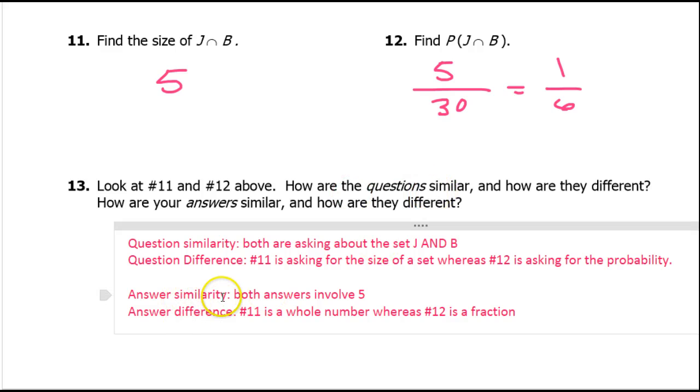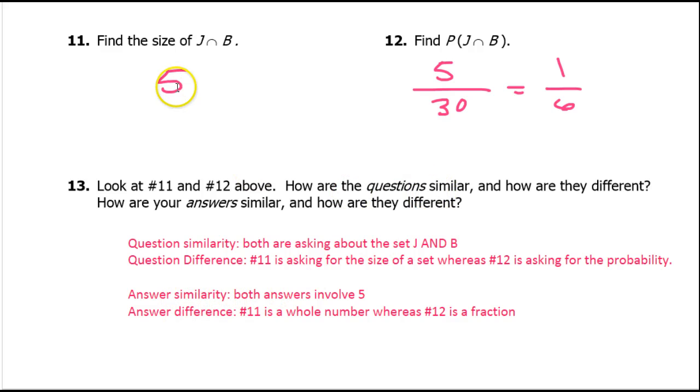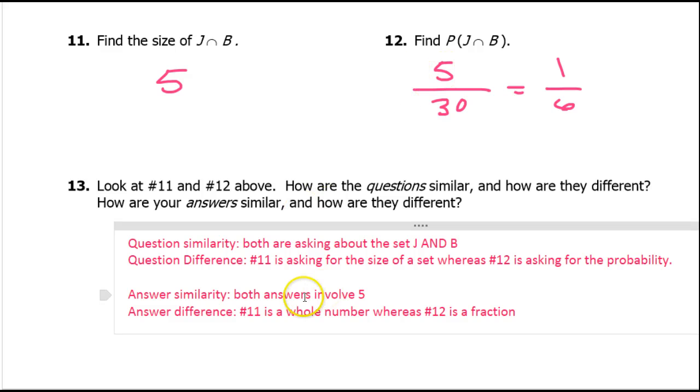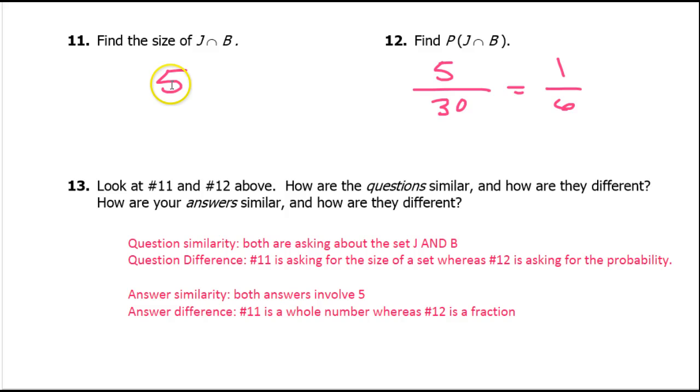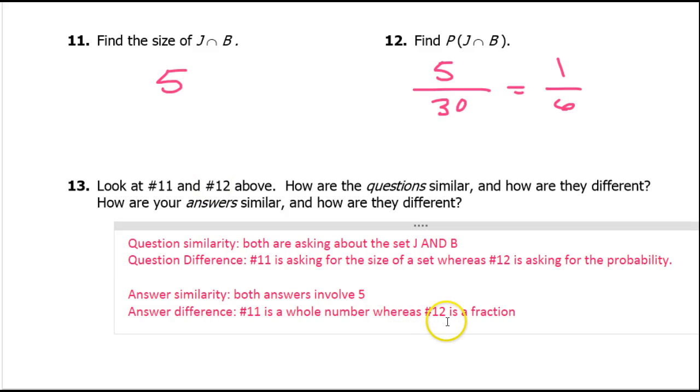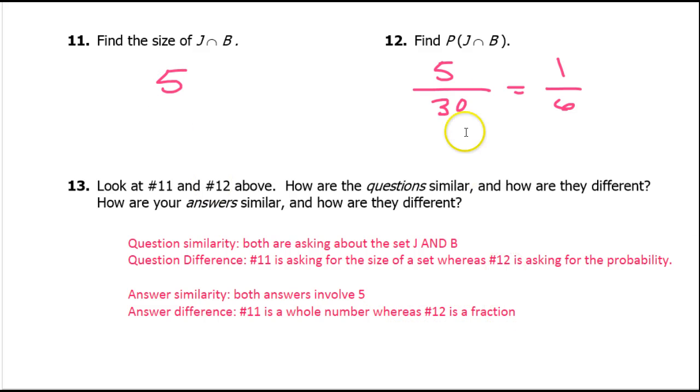So first, how are they similar? Well, both answers involve the number 5. So that's the similarity. The difference is in number 11, the answer is just a whole number, just the 5, whereas number 12 is a fraction. Because it was probability, we had to do target over total, so we had the fraction 5/30.